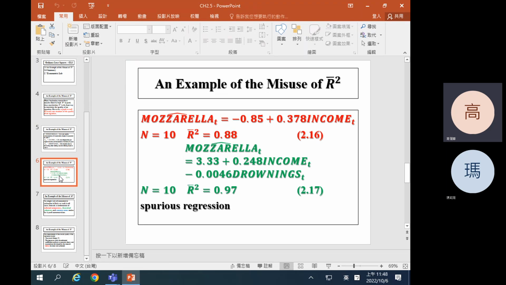Now from chapter 3, we are going to talk about how, in a practical way, professional researchers do their regression analysis, what steps you have to follow in order to do correct or good research.